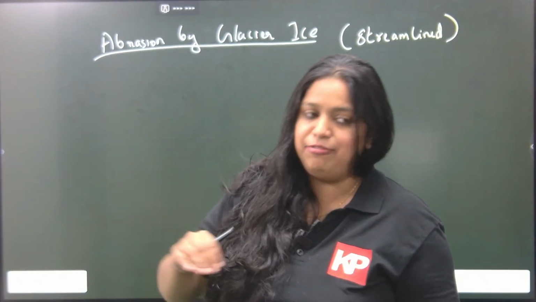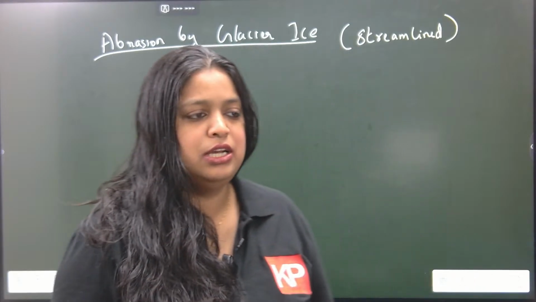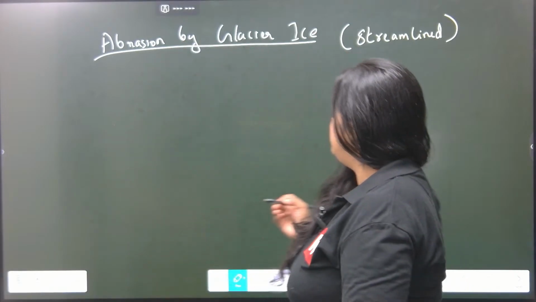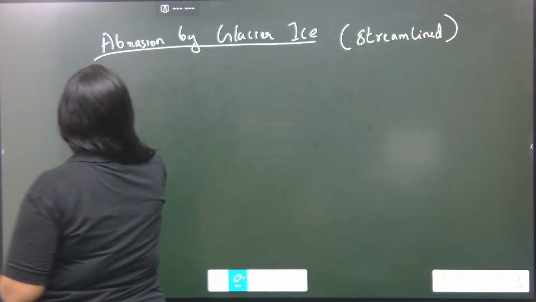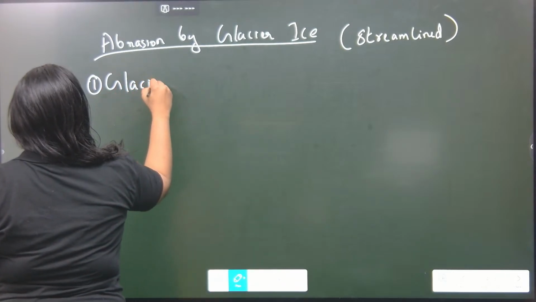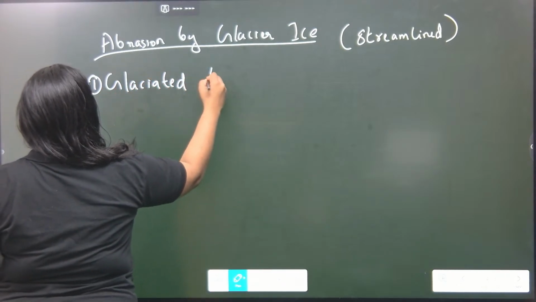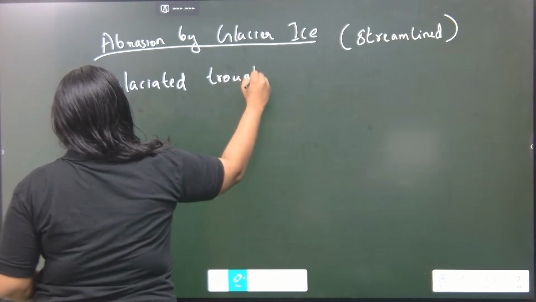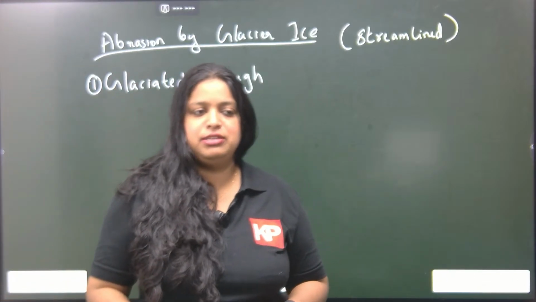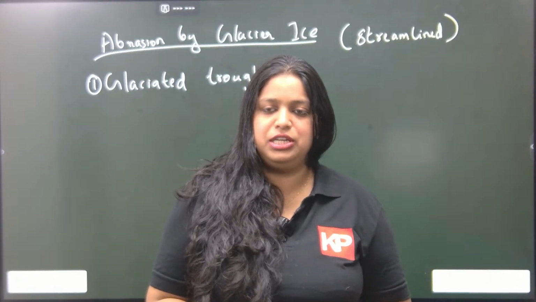When it comes to the striated landforms which are formed by abrasion, the first one is the glaciated valley, or we call that a glaciated trough. A glaciated valley is a glaciated trough.